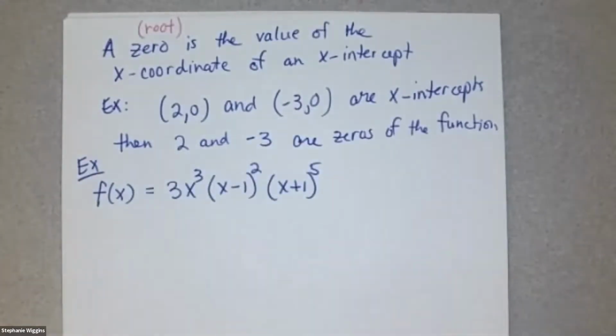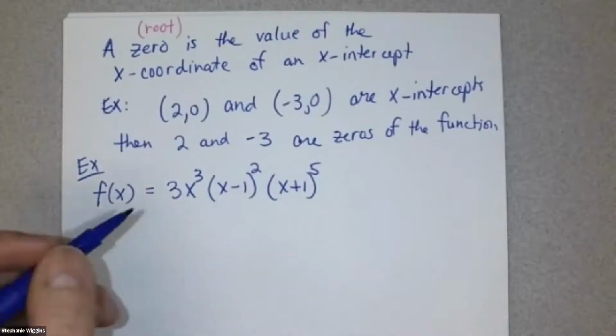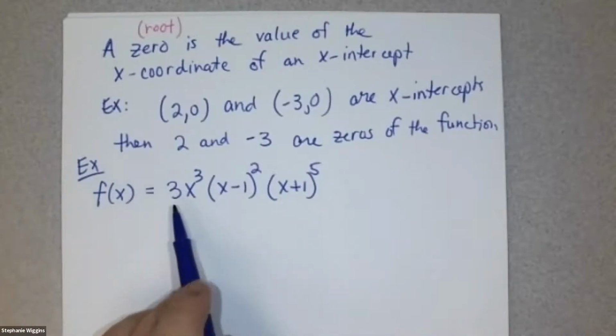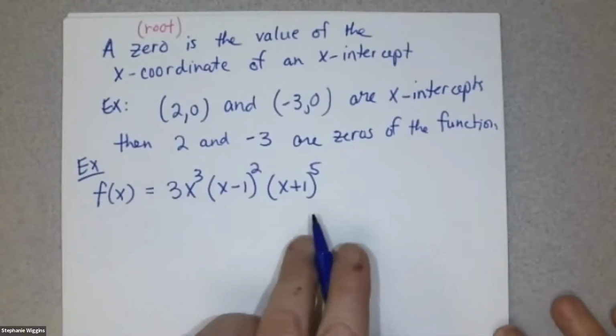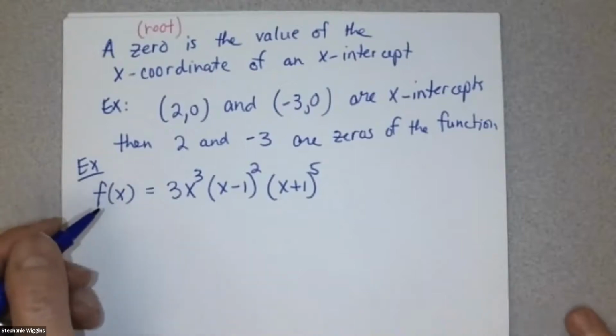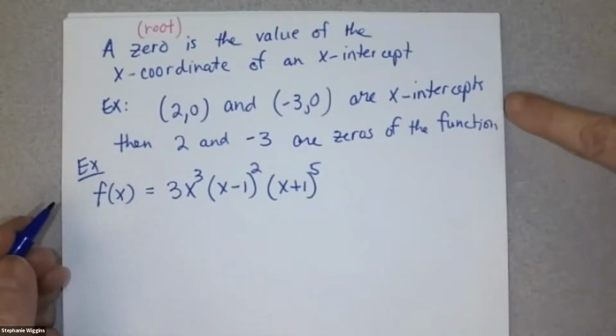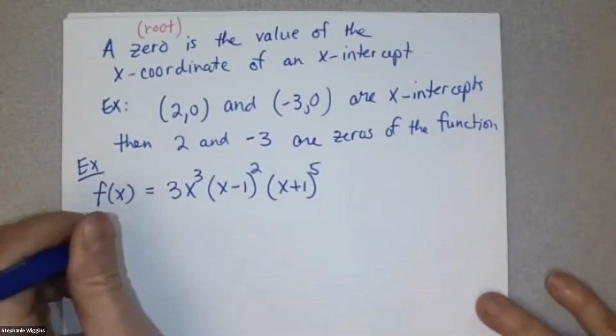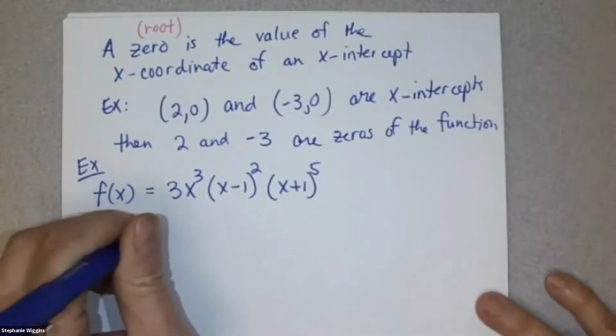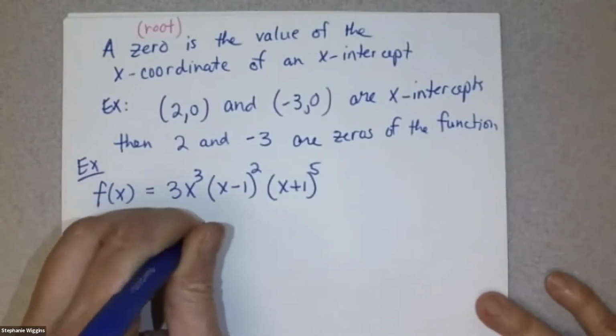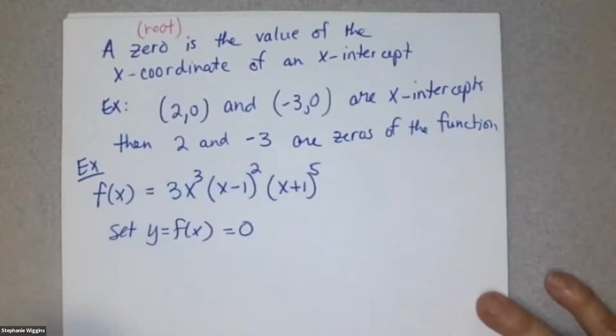So for example, here we have a function, okay? If these are factors, so 3 can't equal 0, right? But if I want to find the zeros of this function, the zeros are the same as finding the x-intercept. So I set y equal f of x equal to 0.